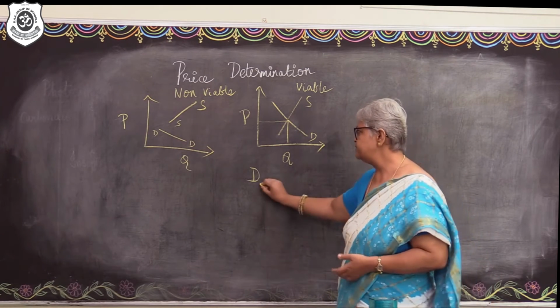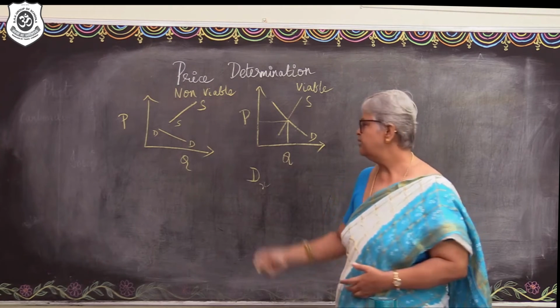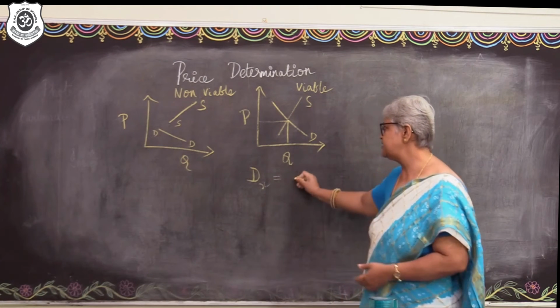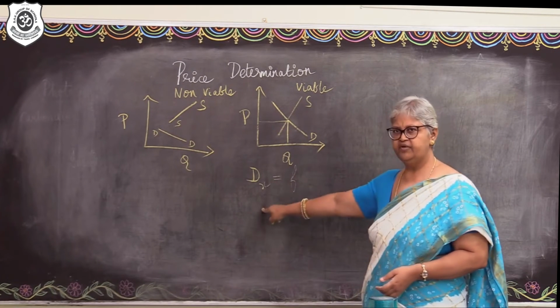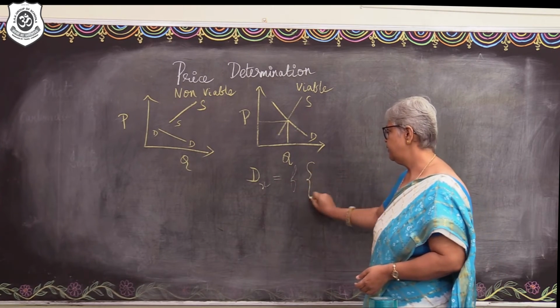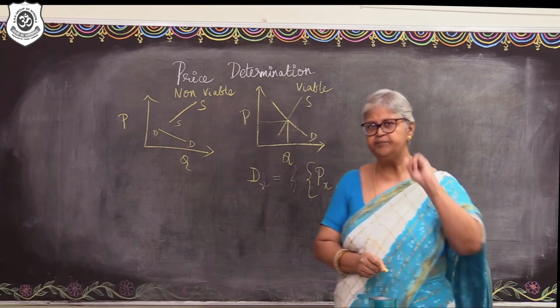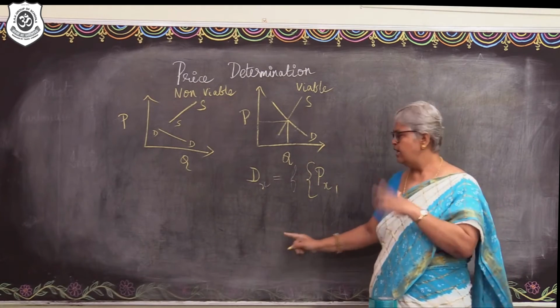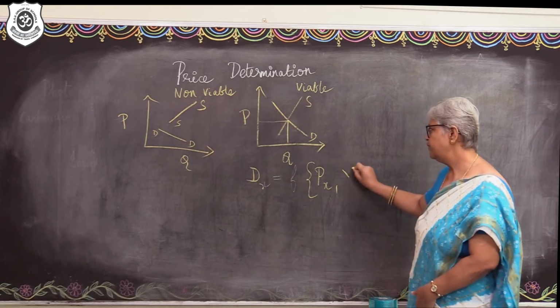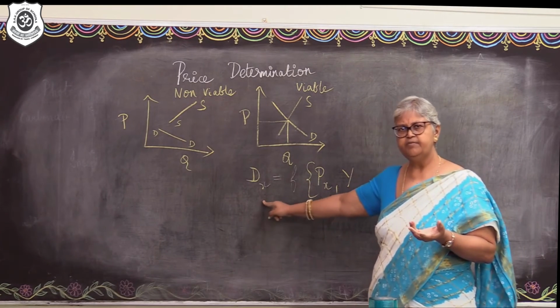Let's take some product X. Demand for X is a function of the price of X itself. The price of the product will be the major influence on the demand for the product. Apart from that, of course, the income of the consumer will affect the demand for the product.